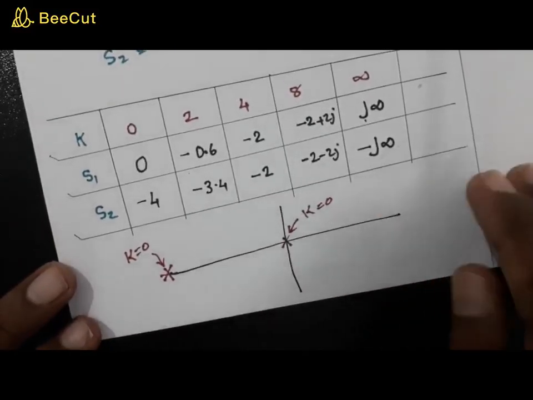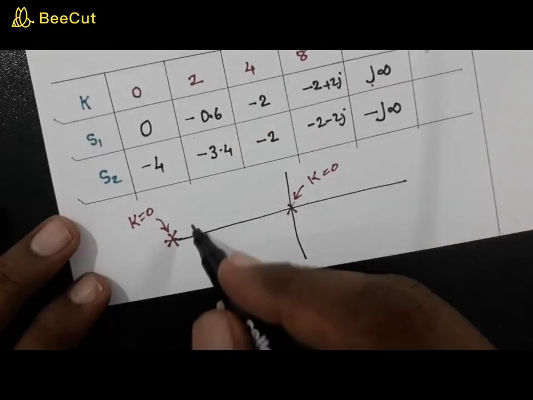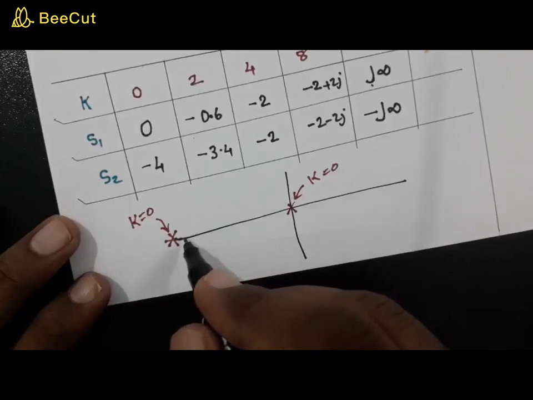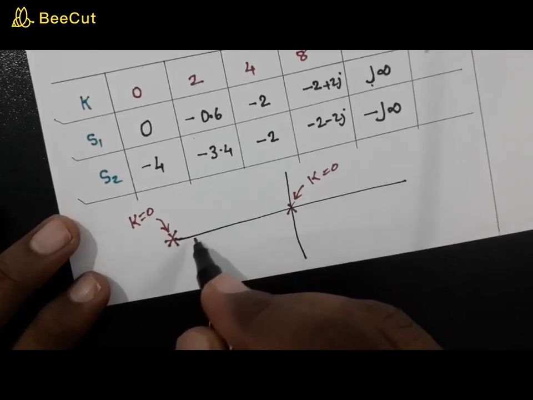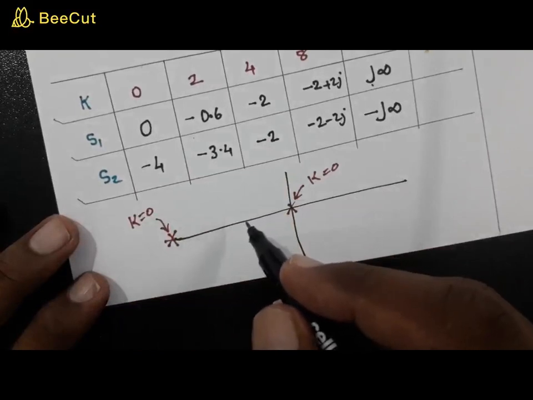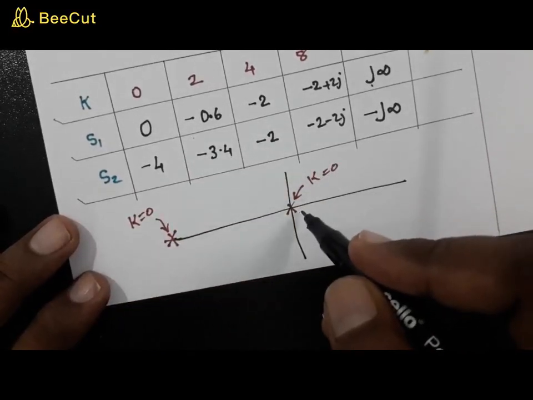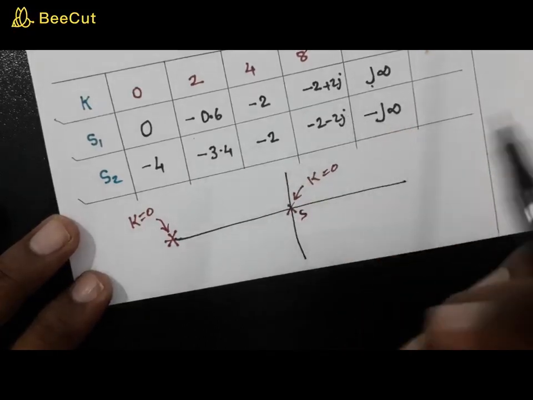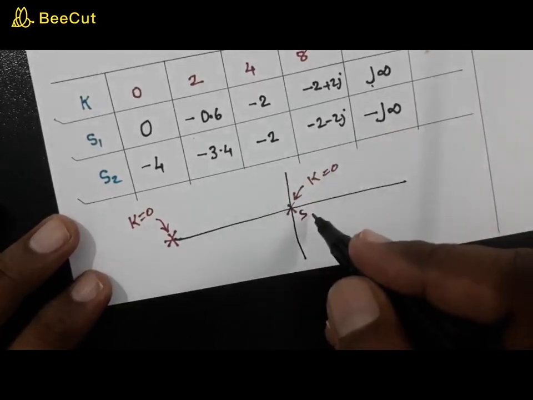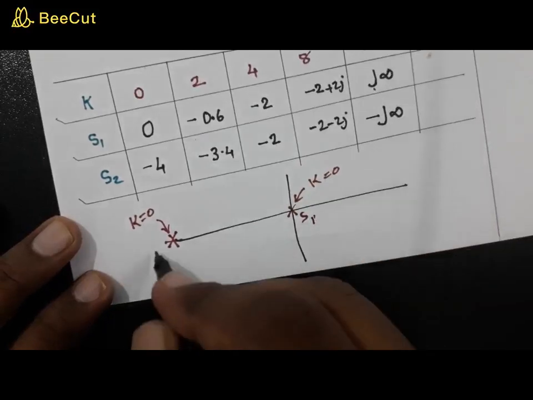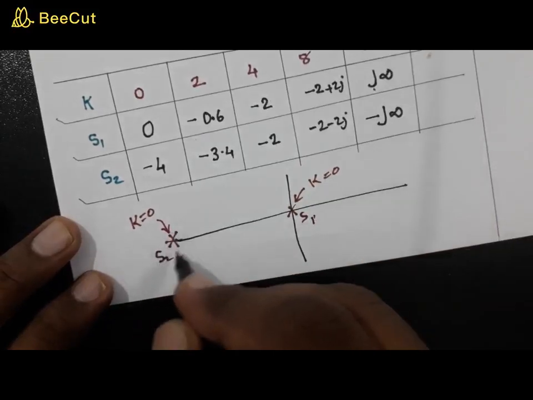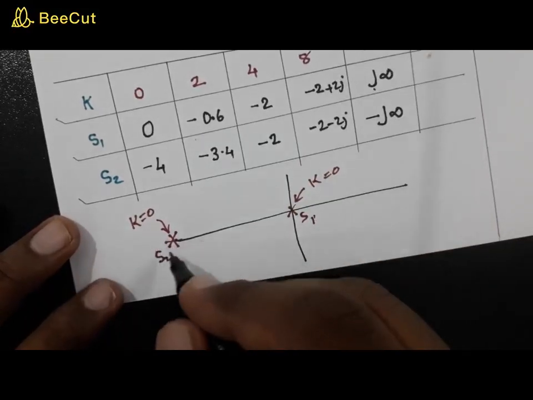Now let us see what happens at k is equal to 2. Look at this, s1 moves in this way. This is k is equal to 0, and this is the root of s2, which is at minus 4.